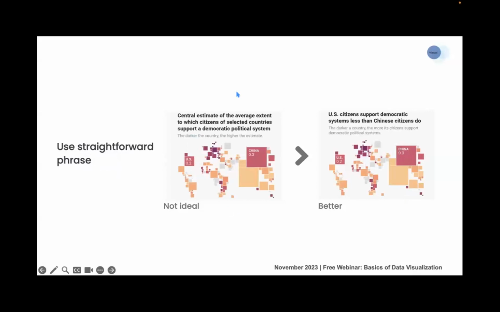The next one here is the title. So I put this not ideal and better one. Simpler, again, the less brain consumption, the better it is. And those are the things that most software, most applications don't really share what the best practices are.